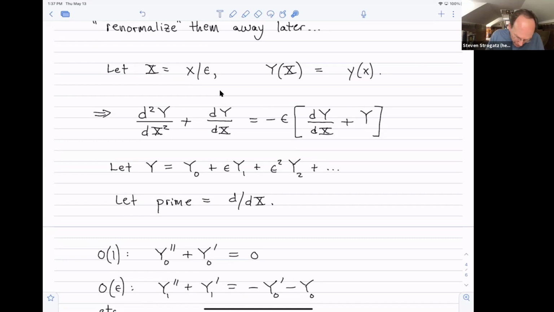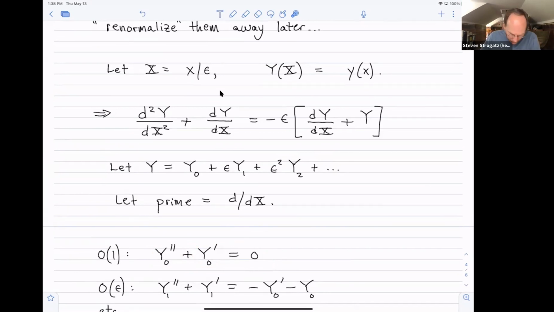So we get a Y0 term that, this is not a simple harmonic oscillator, although we've been seeing a lot of those in multiple scales. Rather than Y double prime plus Y, it's Y double prime plus Y prime, coming from here. So this is going to have exponentially decaying solutions and a constant at order 1.